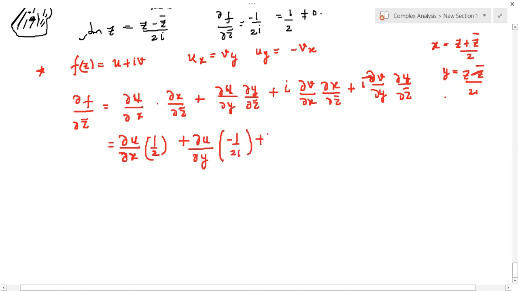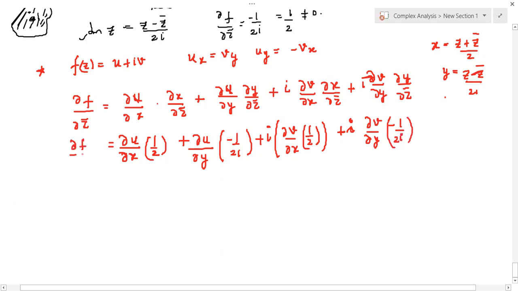Plus iota del v upon del x, and del x upon del z bar is simply 1 over 2. And then plus iota del v upon del y will come as it is, and del y upon del z bar is minus 1 upon 2 iota.